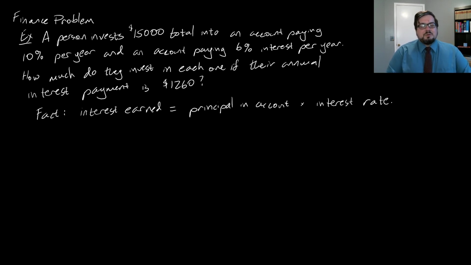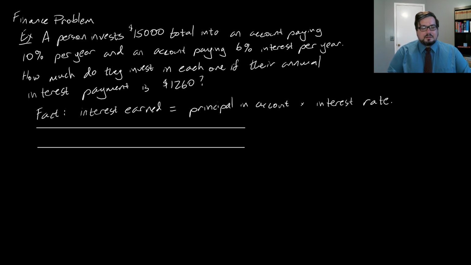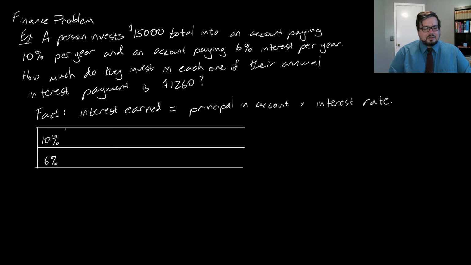So what we can do is set up a little table that gathers the information that we have for the two accounts. Let's do the 10% account and the 6% account, and then we want the principal.